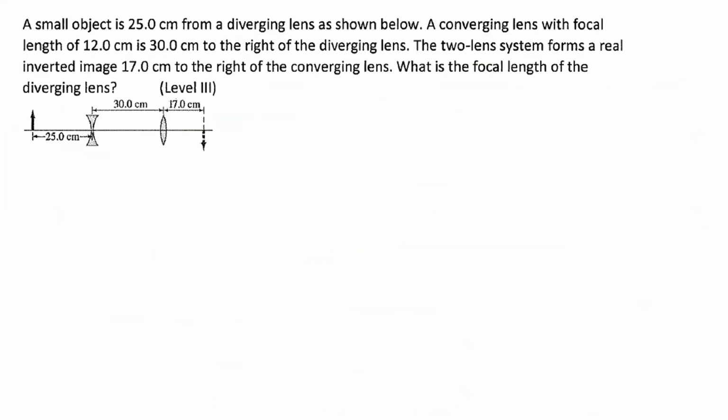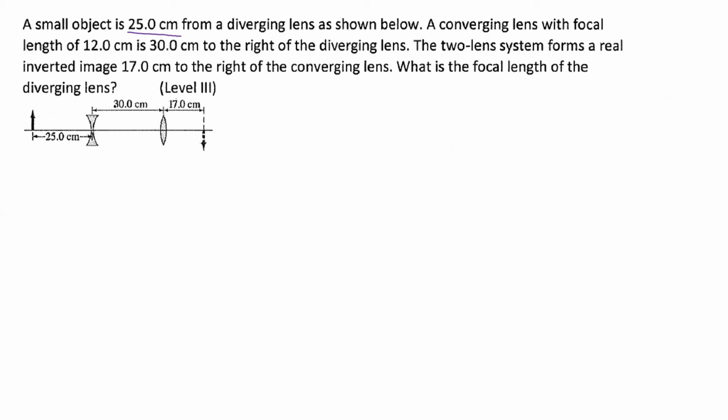A small object is 25 centimeters from a diverging lens as shown below. Okay, so this is the object and it is real, right? A converging lens with focal length 12 is 30 centimeters to the right of the diverging lens.